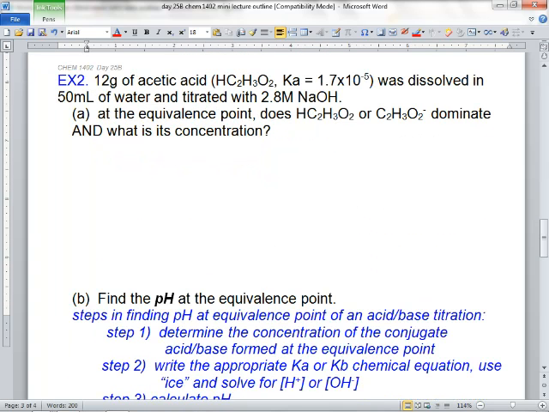Here we go. Now, they have 12 grams of acetic acid dissolved in 50 mL of water, titrated with 2.8 molar NaOH. So first, at the equivalence point, what dominates? Juan, what ion or compound would you say dominates? Is it the acetic acid or is it the acetate?